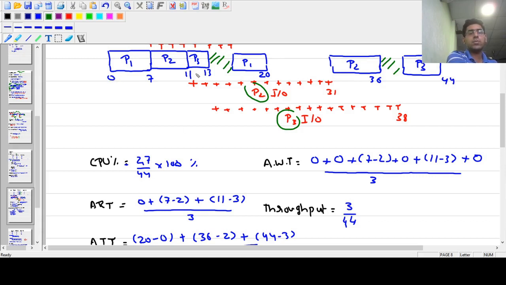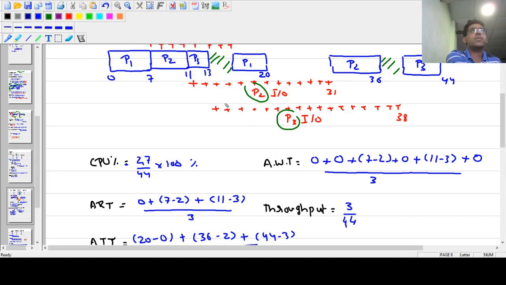So 0. Process P2 arrival time was 2 milliseconds and it got the CPU at 7 milliseconds. So 7 minus 2. Process P3 arrival time was 3 milliseconds and it got the CPU at 11 milliseconds, that is 11 minus 3. So this upon the total number of processes, which is 3, is the average response time.